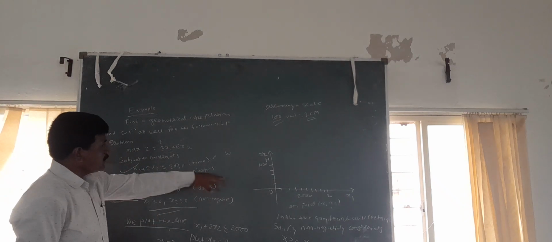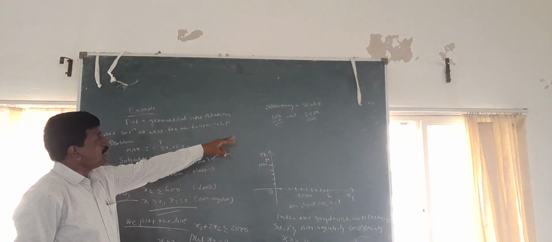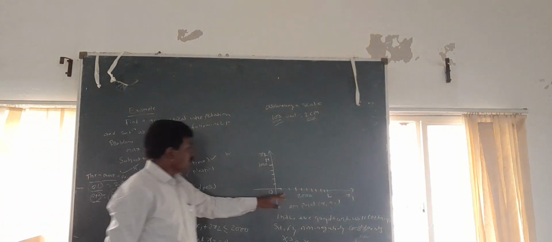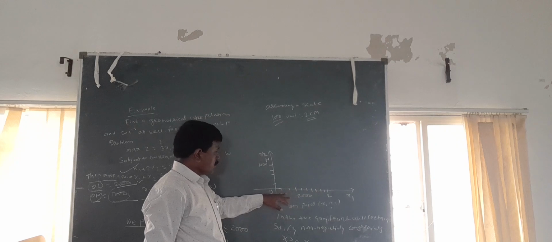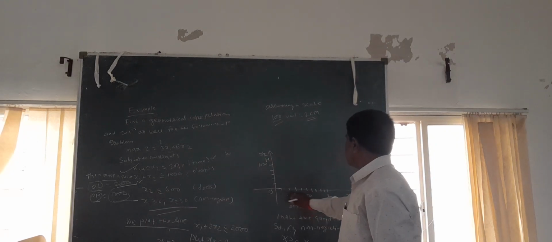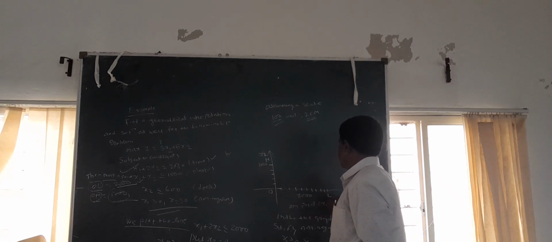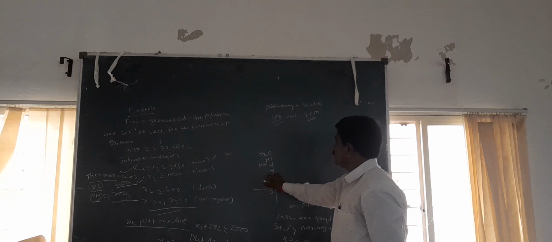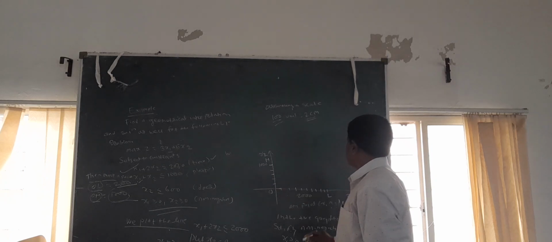We mark these points on the scale, assuming 100 units equal to 2 centimeters, so OL equals 2000 and OM equals 1000.